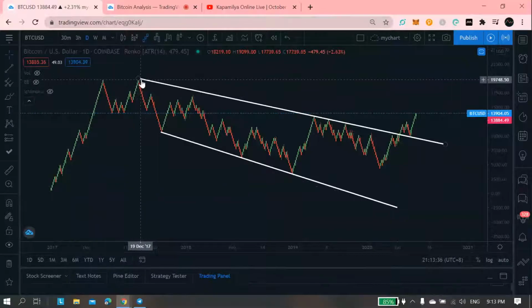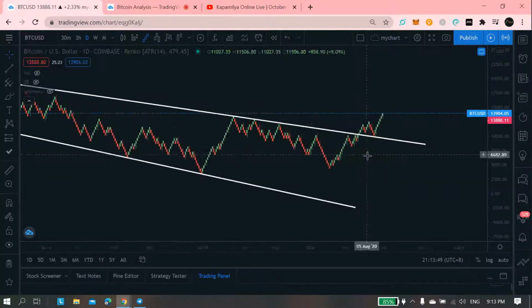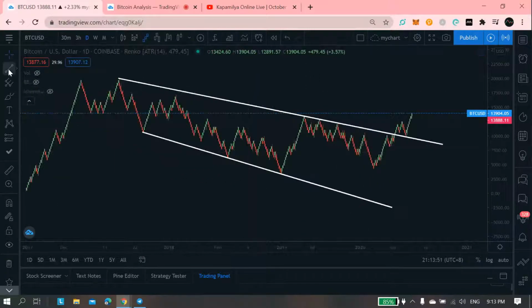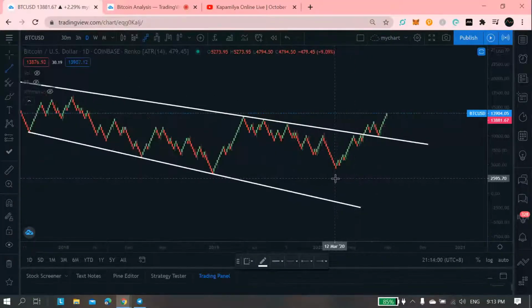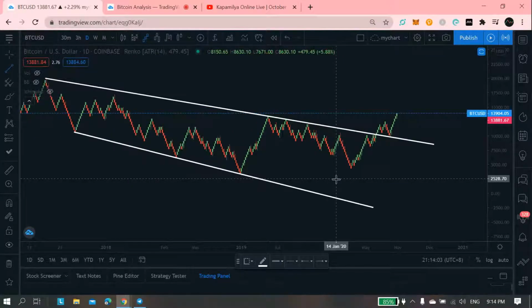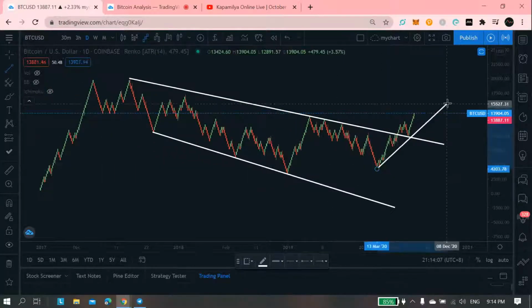Bitcoin reached almost 20,000 last December 2017, and from there it trended lower within this downward channel. During the global dump, it went as low as this area around this Renko chart.